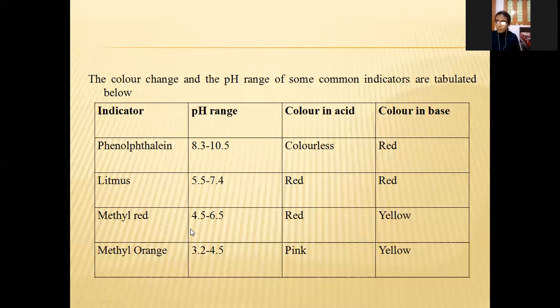Methyl red pH range is 4.5 to 6.5; color in acid is red, color in base is yellow. Methyl orange pH range is 3.2 to 4.5; color in acid is pink, color in base is yellow.